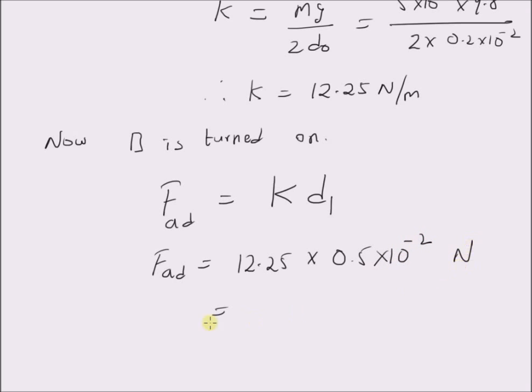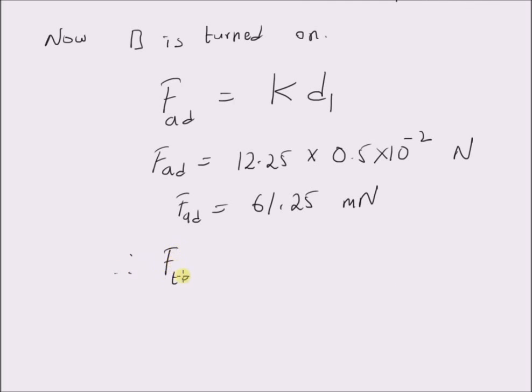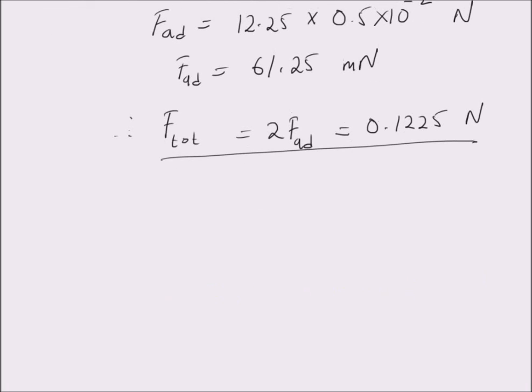This is in newtons. So the additional force on each spring is equal to 61.25 millinewtons. Therefore, the total force due to the magnetic field is equal to 2 times F_ad, that is the additional force on each spring. So this is equal to 0.1225 newtons, because 2 times 61.25 millinewtons is 0.1225 newtons. So this is the force due to the magnetic field.